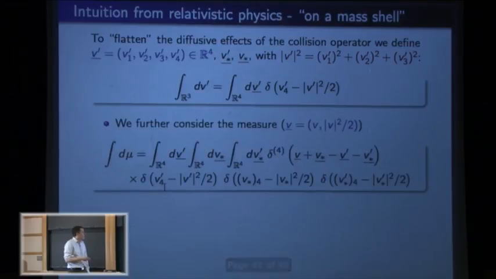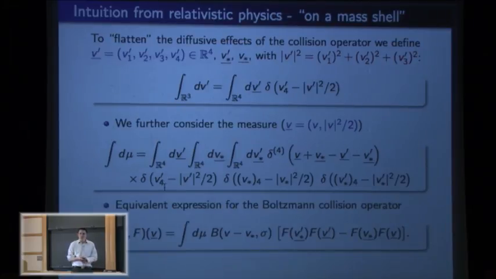And then you can do this on all the variables: the V prime variable, the V star variable, and the V prime star variable. You put a 4 delta function in there which encodes the conservation of momentum and the conservation of energy, and you put a delta function in there for each of these variables, V prime, V star, and V prime star.